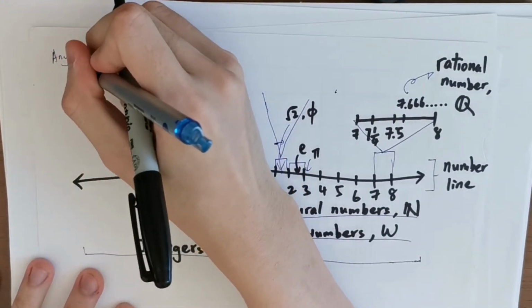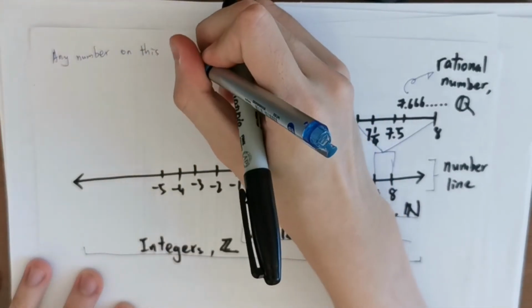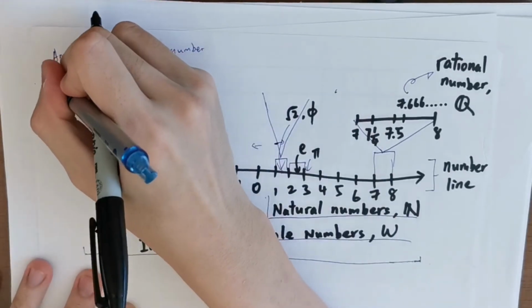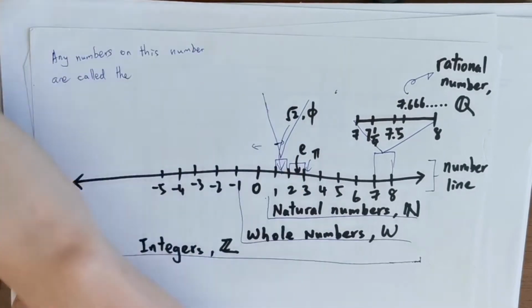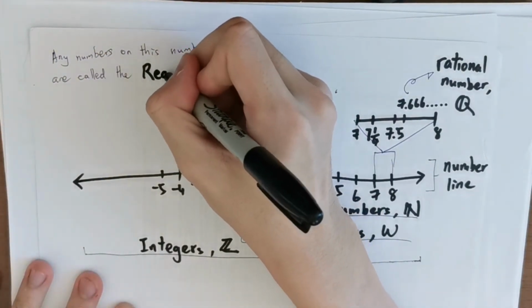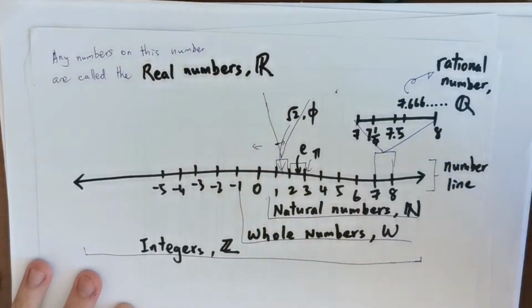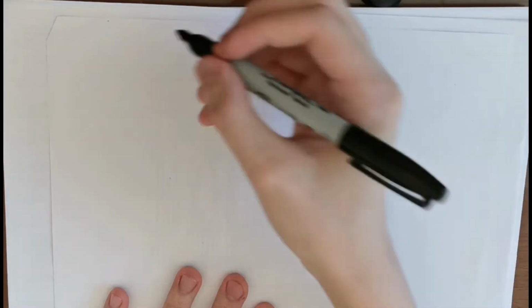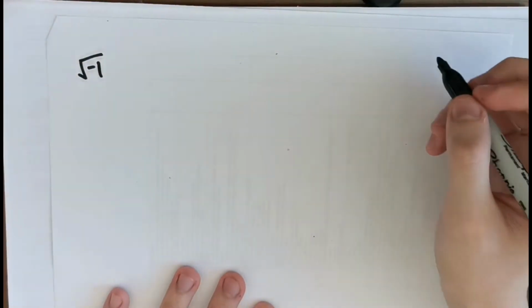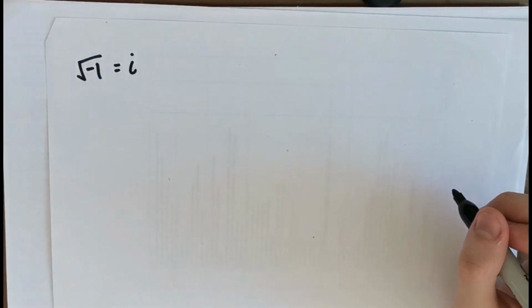Any number on this number line is called a real number, with the symbol R. So things start to get complicated when you want to take the square root of a negative number, which symbolizes i, or an imaginary number.